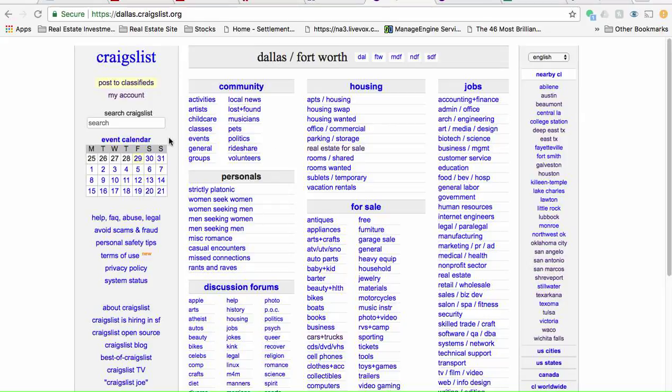Now, first things first, you all should have this. I've emailed all of you from Craigslist, or you guys emailed me from Craigslist, so I'm assuming that you guys have this, but you got to have a Craigslist account. And so if you have a Craigslist account, great. You don't have to set anything up. All you have to do is go right to real estate for sale right there.